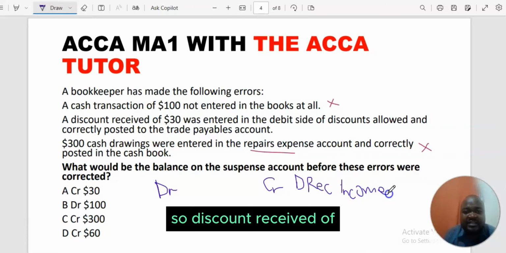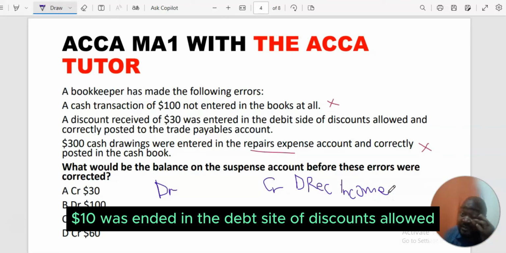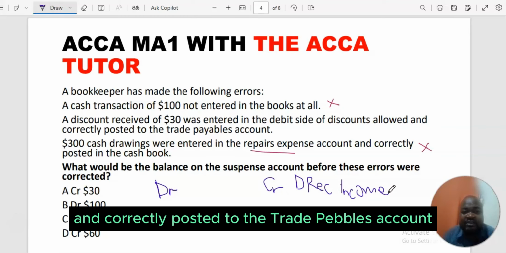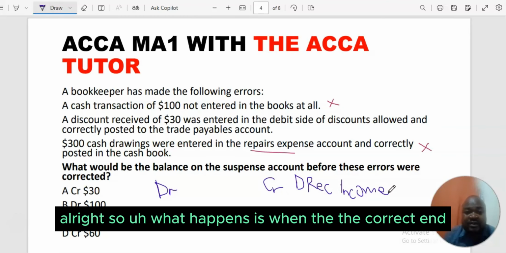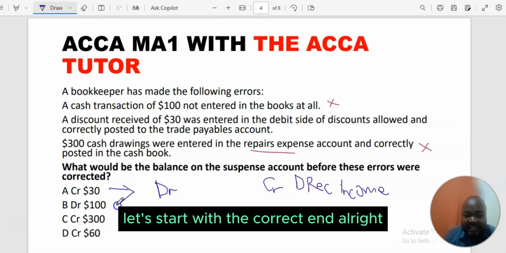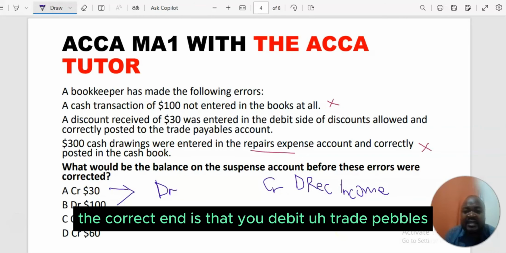So discount received of $30 was entered in the debit side of discounts allowed and correctly posted to the trade payables account. All right, so let's start with the correct entry. The correct entry is that you debit trade payables.